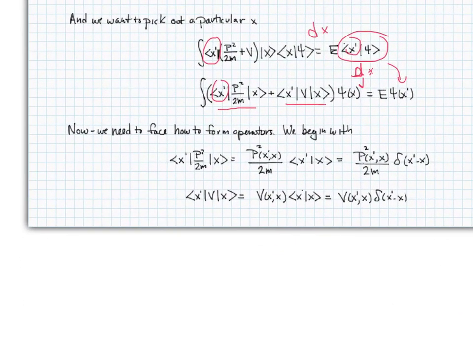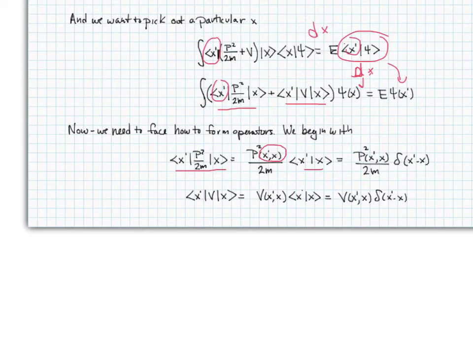So what are we going to do with these operators? Well, again, this is the notation. If we take this thing right here with the operator in the middle, well, that means that this momentum operator is going to be represented in terms of x prime and x, and then that thing still goes through.